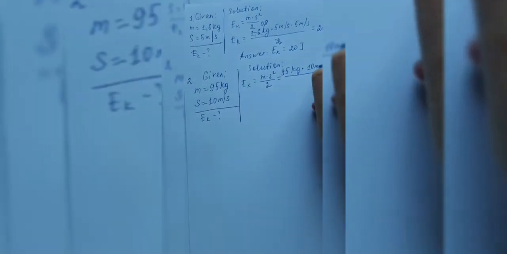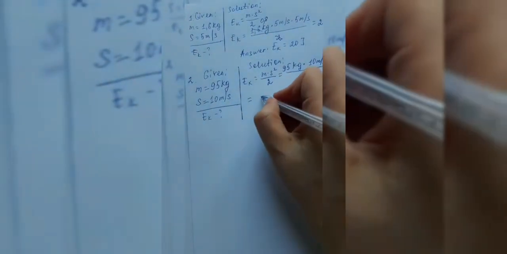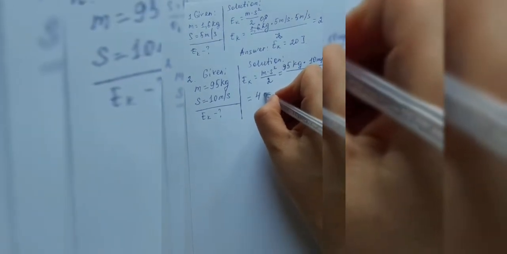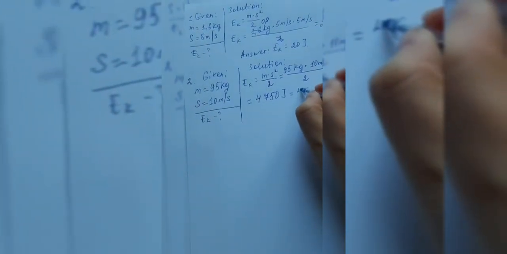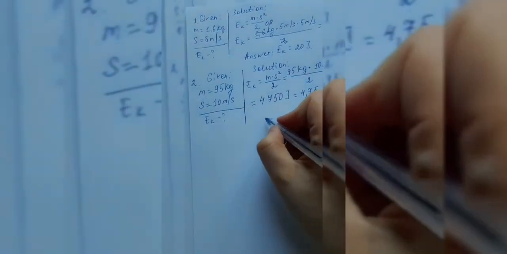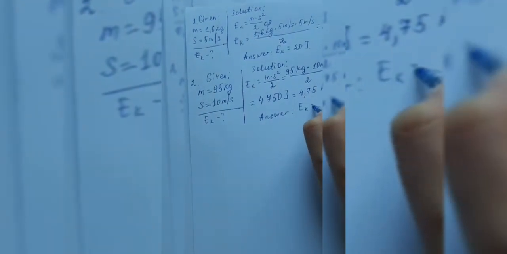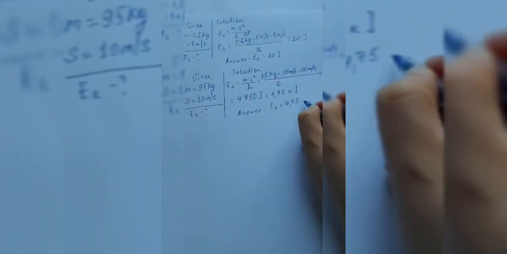It will be mass 95 kilogram times 10 meter divided second times 10 meter divided second divided 2 is equal to, it will be 4,750 joules, or it will be 4.75 kilojoule.